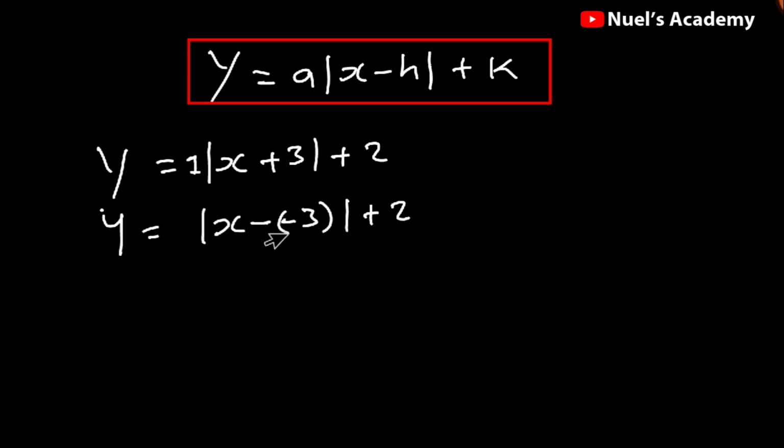So you can see that we have a negative here, we have a negative here. So we see that h is equal to negative 3, and k is equal to 2. Now the vertex is going to be (-3, 2).